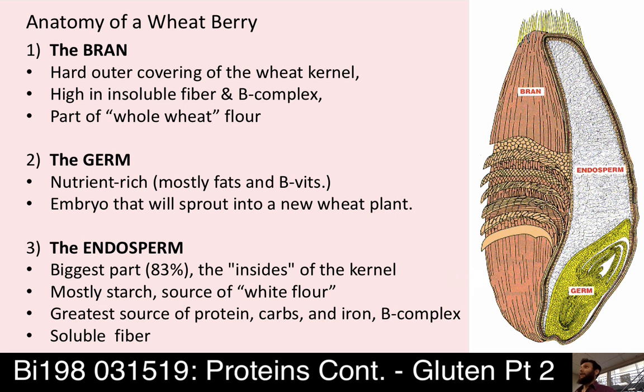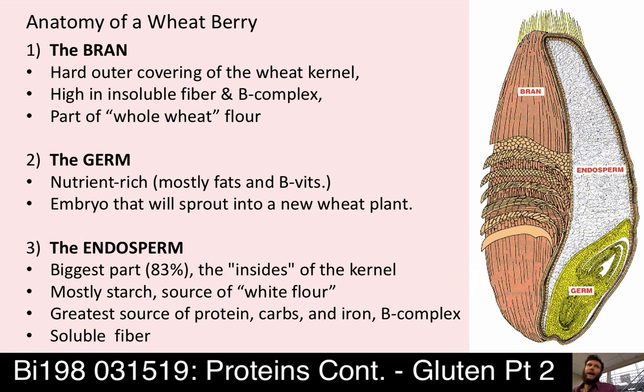So when you buy white flour rather than whole wheat, white flour is exclusively endosperm, and they've separated the bran and the germ from it. It's also where we find most of the glutenin and gliadin, the components of gluten. So there's a lot of protein in the endosperm as well.